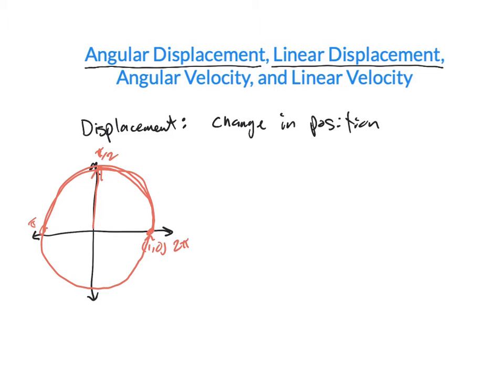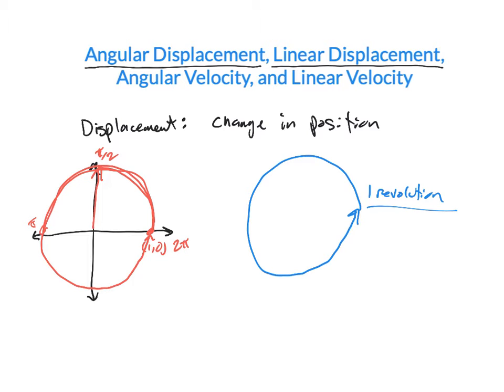Now, typically when we're traveling in a circular motion, we talk about revolutions. So for instance, a tire might be spinning, and it might make a full turn, which is 1 revolution. We're going to spin in the counterclockwise direction like we do on our unit circle. So this is called 1 revolution, when you make it all the way around. We know that that's 2 pi radians in terms of the angular measurement, but the act of spinning around 360 degrees is called 1 revolution.